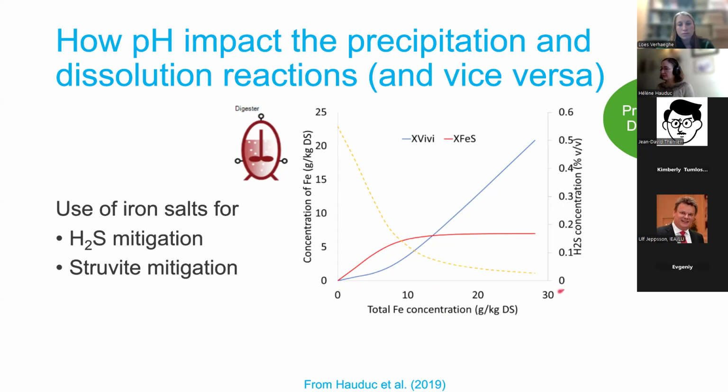On the x-axis, you have different loads of iron that is added, a different dosage. And on the y-axis, it's the different precipitates you may form. When you dose a small amount of iron, you will first mitigate the sulfide, which will precipitate as ferrous sulfide.